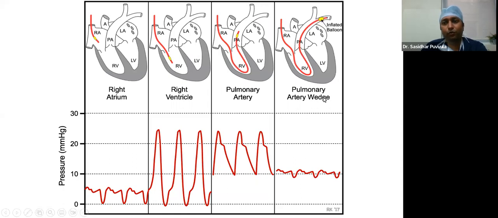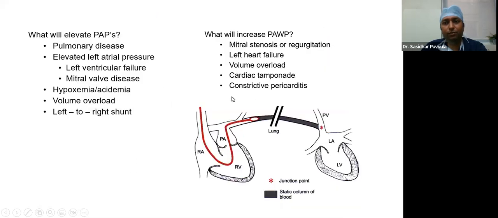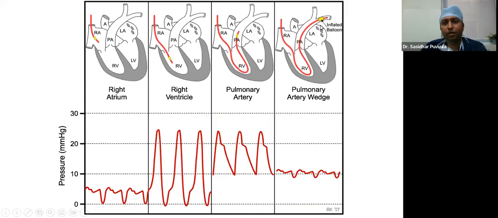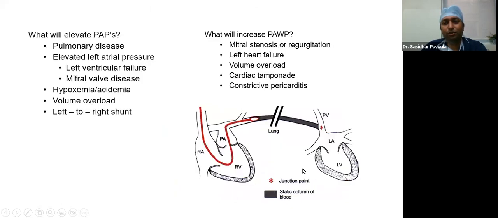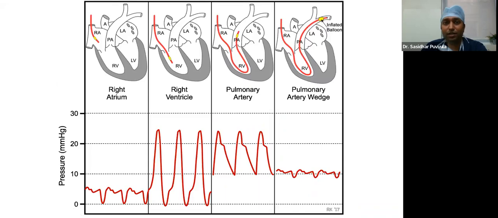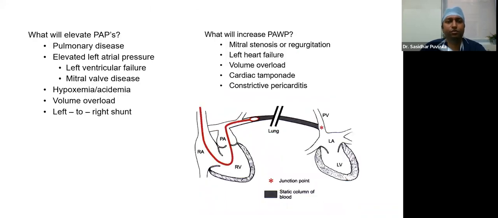And when you inflate the balloon, you would see a left atrial pressure waveform. As I told you, when you inflate the balloon, the pressure waveform that you see on the monitor represents the left atrium rather than the right side of the heart. That gives you the pulmonary artery wedge pressure or pulmonary artery occlusion pressure.